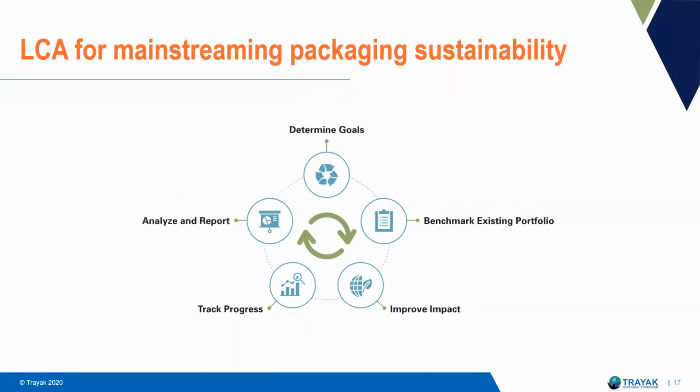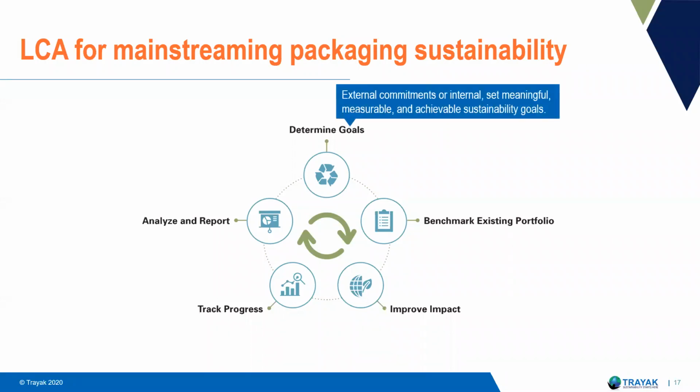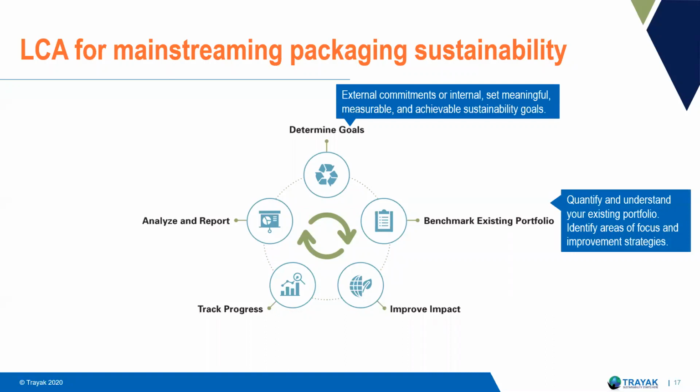And so as a business process, when a lot of our customers come to use the Compass software, what they're really trying to do is, many of the companies these days have external commitments, whether it's corporate sustainability reports or reporting to Walmart or reporting to a retailer, things like that. So obviously you have those goals derived from those commitments. Now, to begin those things, many times you have to benchmark not just individual packages, but perhaps your entire portfolio.